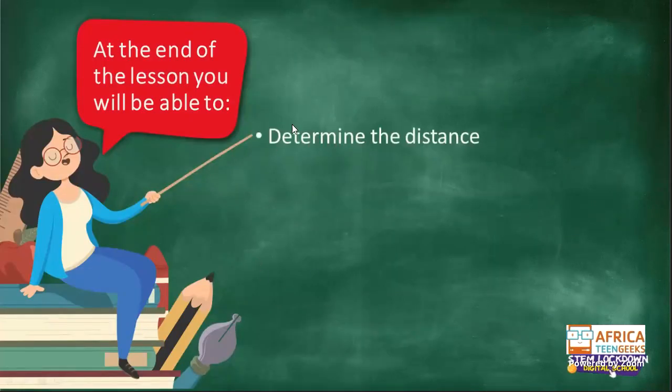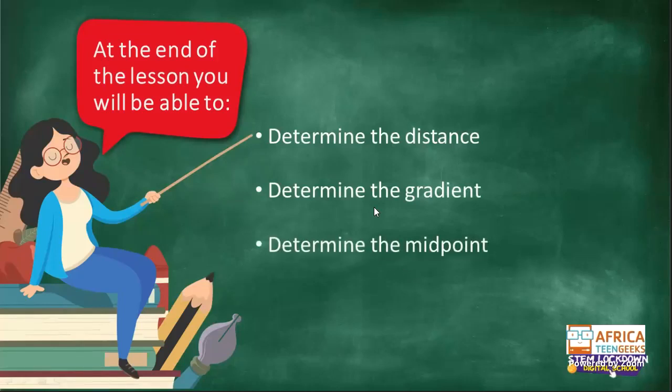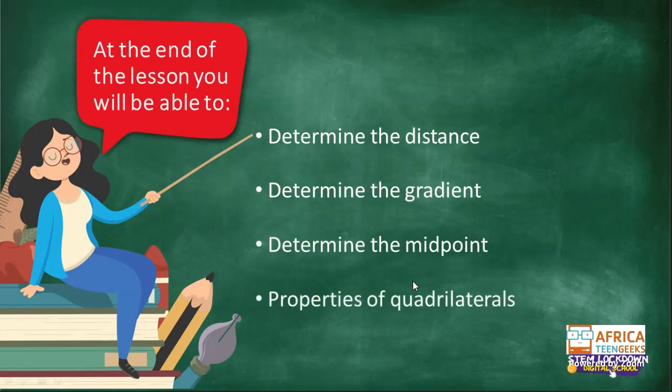So in this lesson, we're still doing the same work as we did yesterday. So we're determining the distance between 2 points, the gradient if we're given 2 points, or relationship about parallel or perpendicular lines. And then we're also determining the midpoint and using properties of quadrilaterals.